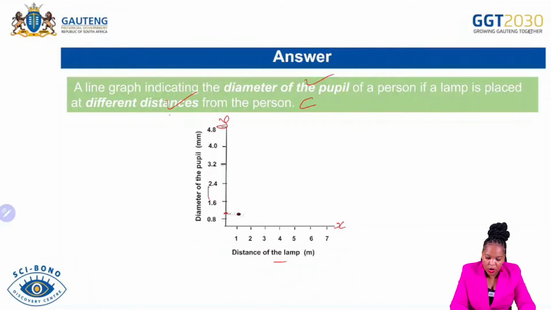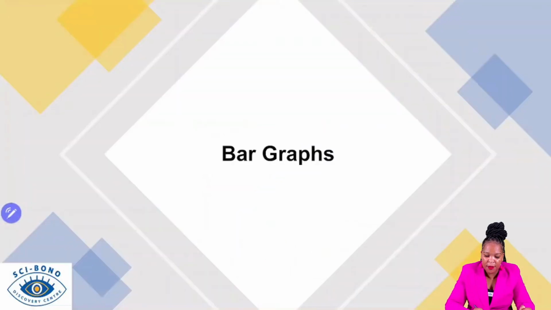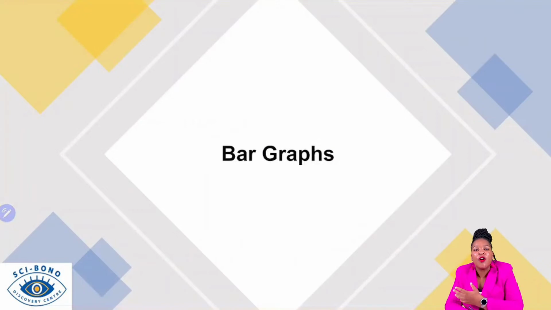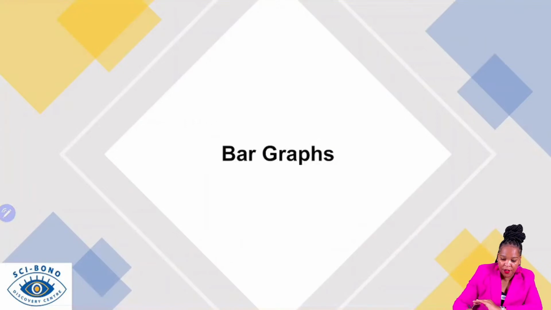Then you plot your first point, then your second point, then your third, remembering the data in the table, and then you join your points using a ruler. Just look at how beautiful that ruler came out there. So that is how you get your marks for drawing the graphs.